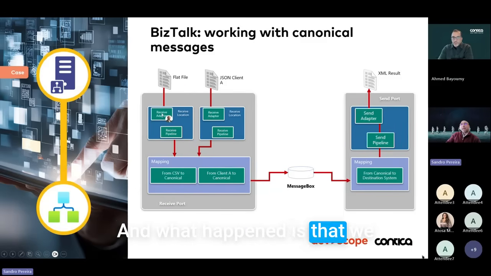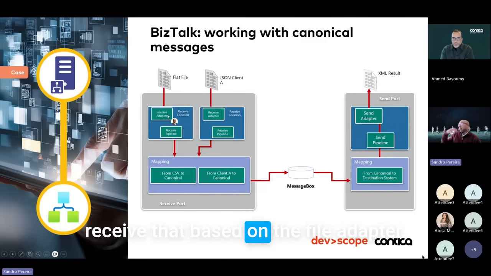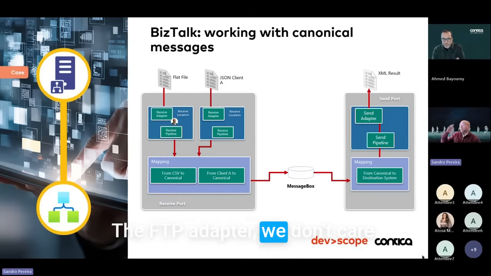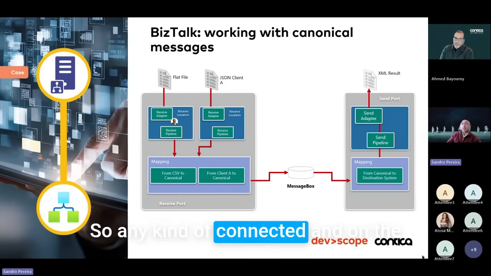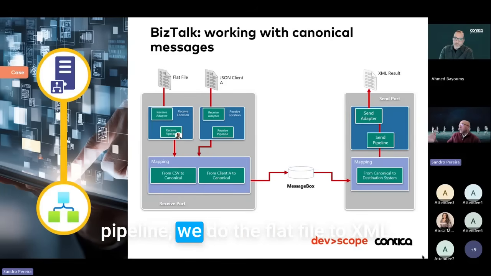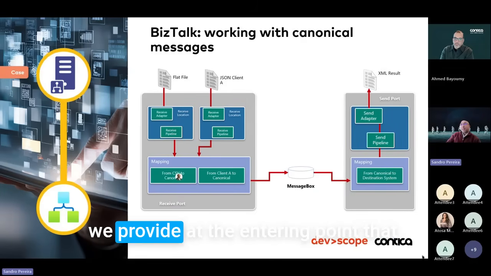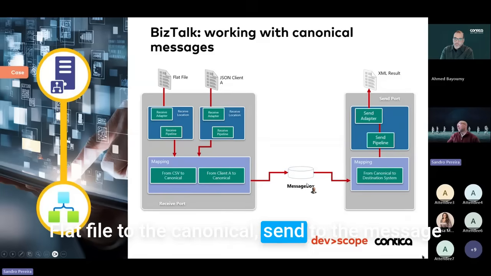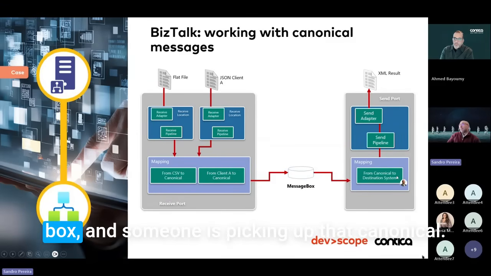And what happens is that we receive that based on the file adapter, the FTP adapter, we don't care, okay? So any kind of connector. And in the pipeline, we do the flat file to XML. We provide at the entry point that flat file to the canonical, send it to the message box, and someone is picking up that canonical, and guess what?